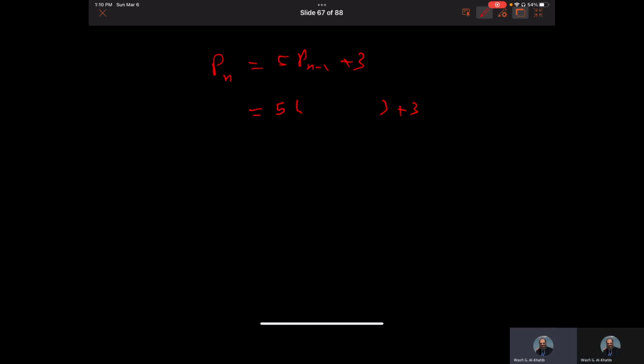If I put here n minus 1, what will I have? Exactly, 5 P_{n-2} plus 3, and then I have that plus 3. This way, if you do that, you will not make a mistake. If you try to do it without putting the parentheses and substituting, there is a big possibility you will make a mistake. That's why I put the parentheses. Clear? Fine. Let's move on.